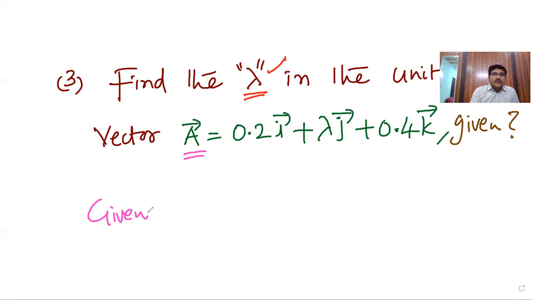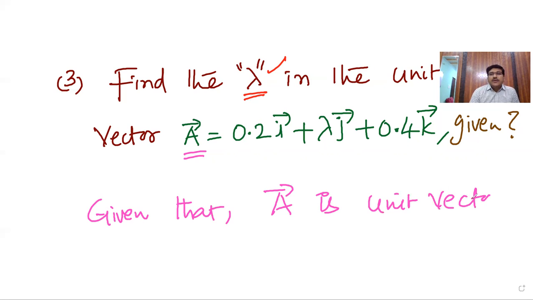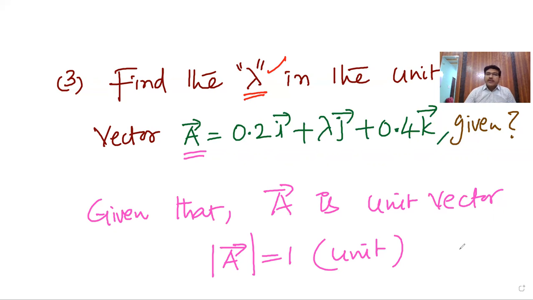Given that a bar is a unit vector, what is the final outcome? The modulus, the magnitude of a bar, is 1 unit. A unit vector has unit magnitude. That means this entire vector has unit magnitude. What is the formula of the magnitude?